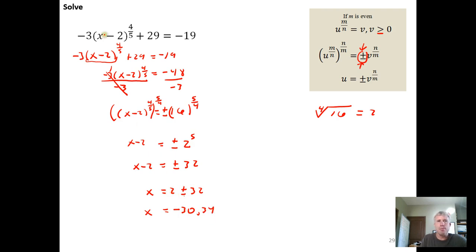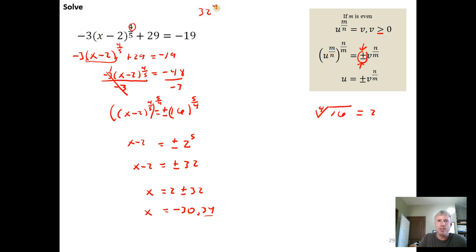When you take these numbers and plug them back into the original, look at what happens. You get negative 30 minus 2 is negative 32, and negative 32 raised to the 4th power is going to be a positive number. And if you plug 34 in, you get 34 minus 2 is 32.